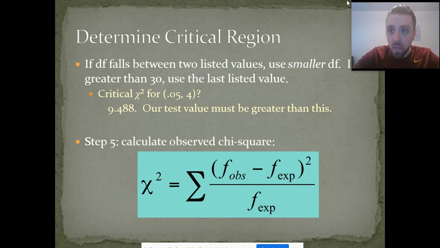So the first thing I'm going to want to do here is calculate the expected frequency. Second, I will subtract that from frequency observed because it's within my parentheses. Then I will square that value following the order of operations, and then I will divide that by the expected frequency I calculated first and foremost. And then at the end, I sum across all 9 cells.